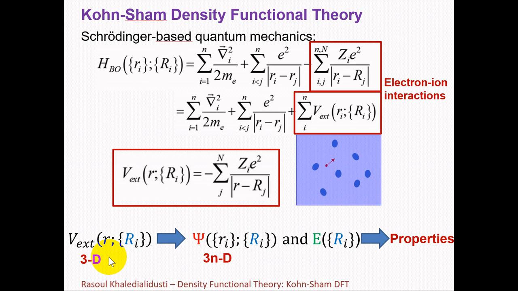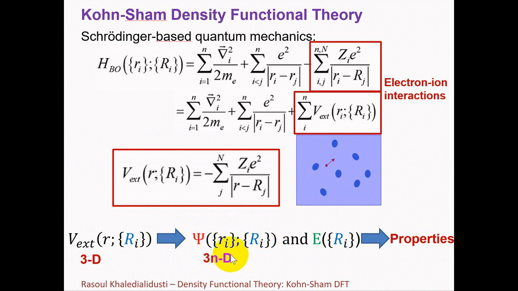So generally, the way that quantum mechanics works is that we start with a 3-dimensional potential, which is called the external potential. An external potential, that's a function of r, the electronic position, lives in 3-dimensional space. Then we build a Hamiltonian with that external potential. Then we obtain the wave function and energy of our system.